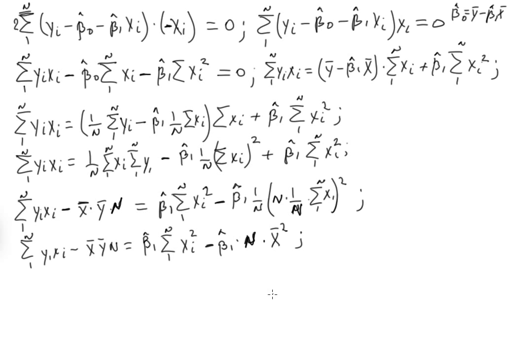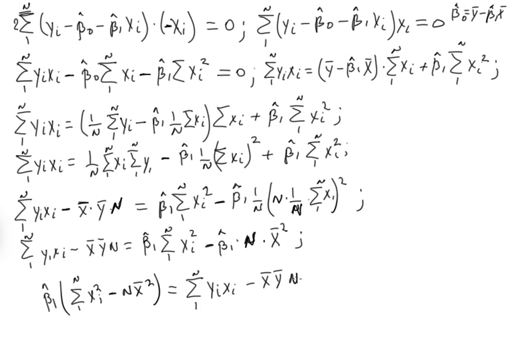Now from here we can find what beta 1 is. If I factor it out of the bracket, this would be the sum from 1 to n of xi squared minus n x bar squared equals, swapping the places of the right-hand side and the left-hand side, the sum from 1 to n of yi xi minus x bar y bar n.